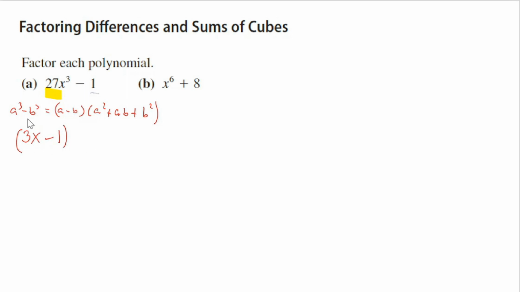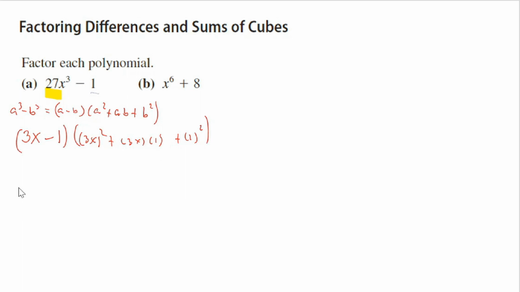So we have 3x minus 1 times the square of the first term, 3x squared, then plus the product of the two terms, 3x times 1, plus the square of the last term.